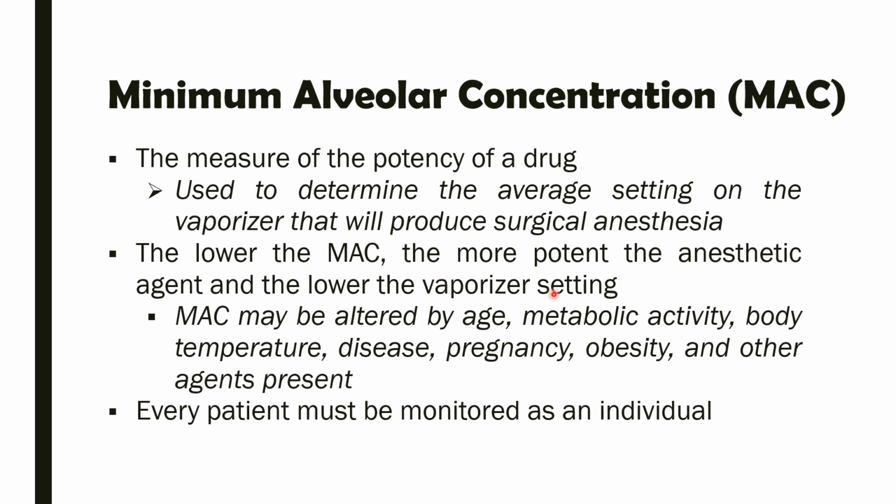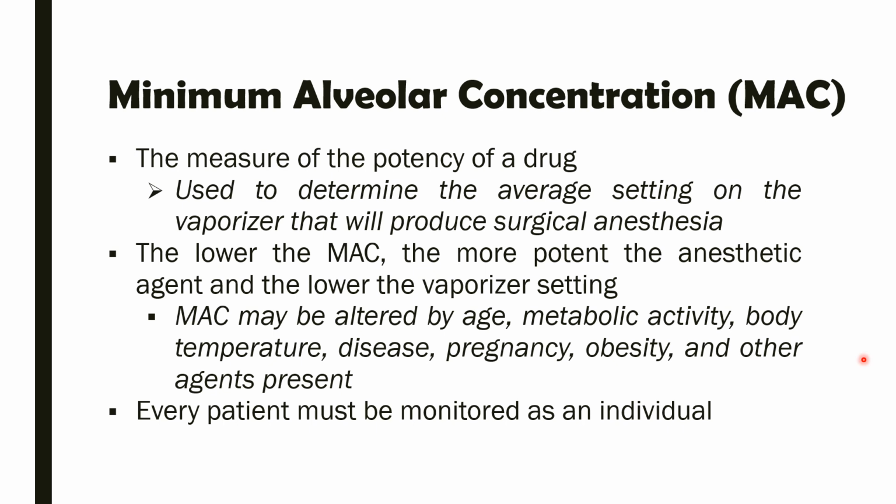So for example, if you only require a small concentration of the drug in the alveoli to produce general anesthesia, then our vaporizer setting is also going to be lower, because we don't need that much drug. Of course, when we already know the MAC of that particular drug, we should also adjust the vaporizer setting not only according to the MAC but also according to different patient parameters.